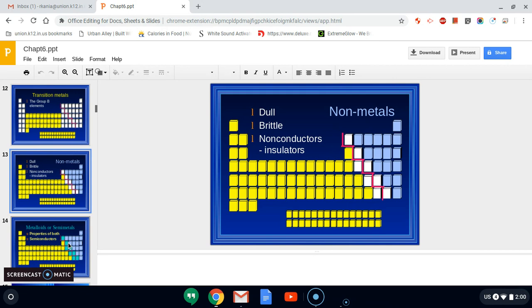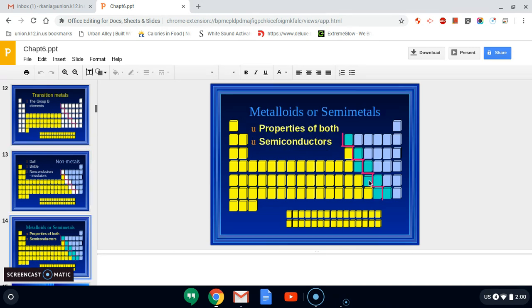Now, the last thing we're going to talk about today are metalloids and semimetals. Semimetals and metalloids are things that are touching that stair-step line right here, and they have properties of both. Everything touching that stair-step line except for aluminum is going to be a semimetal or metalloid.